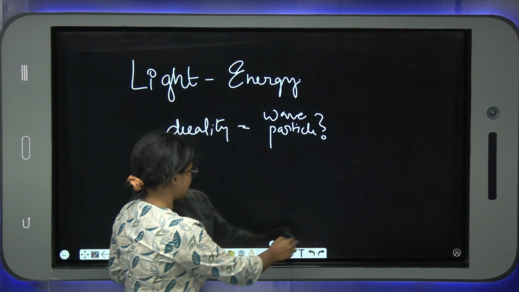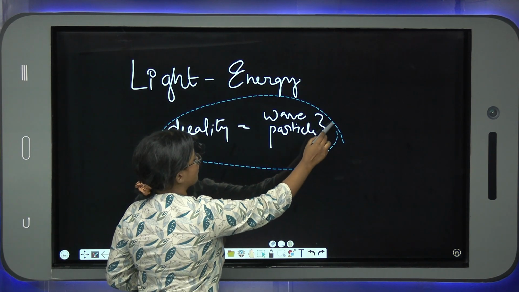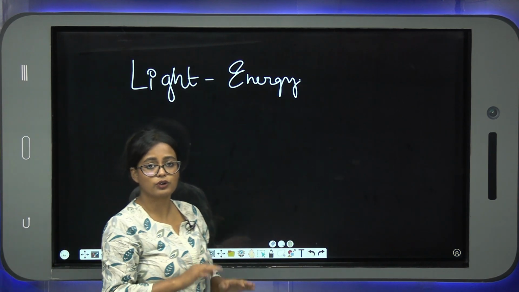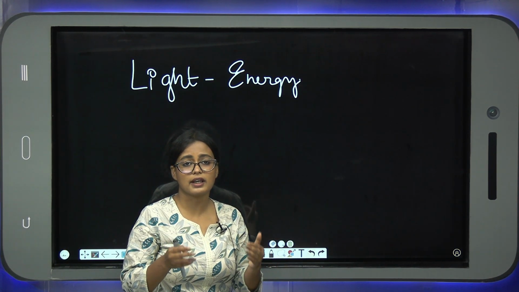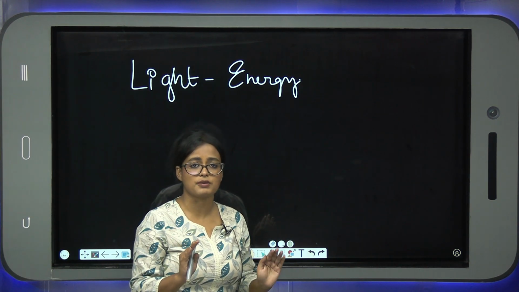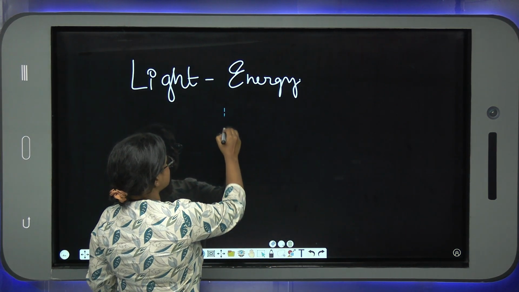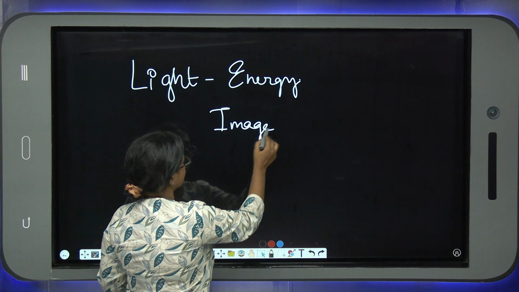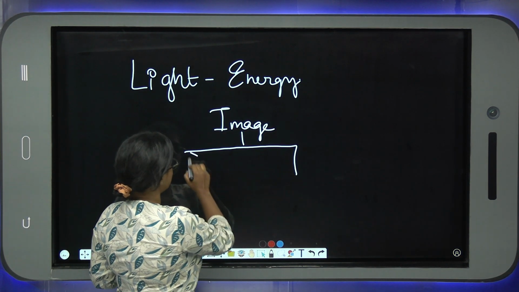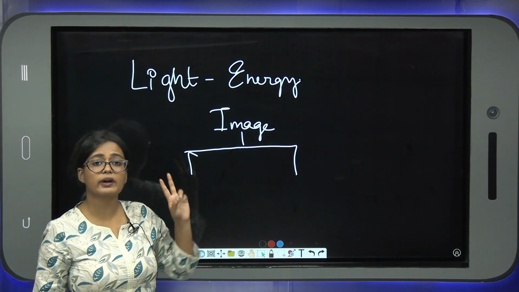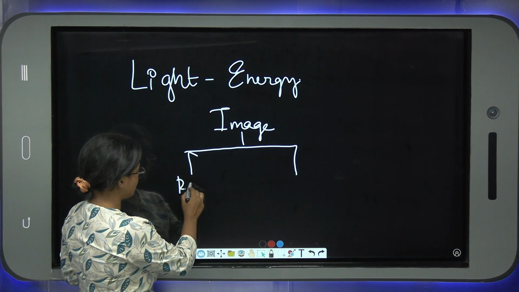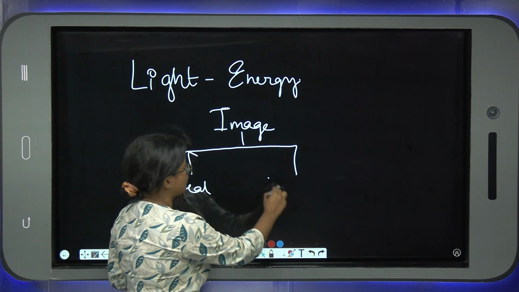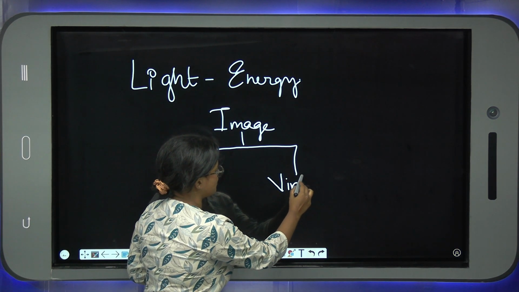Now let us see how light works in our real world and how we are able to perceive objects and images. Let us see what an image is. Foremostly we can divide images into two categories. One is a real image, another one is a virtual image.